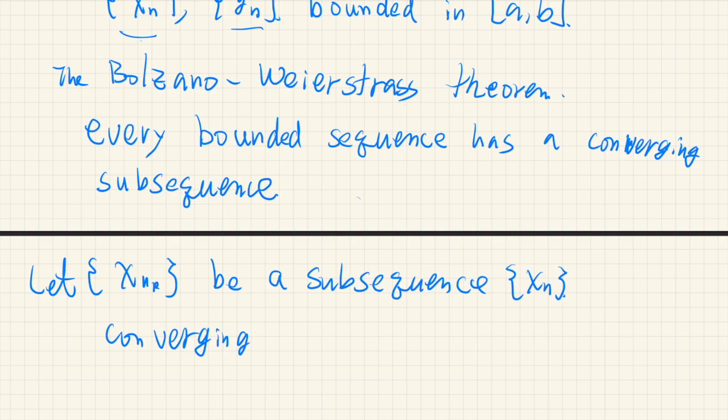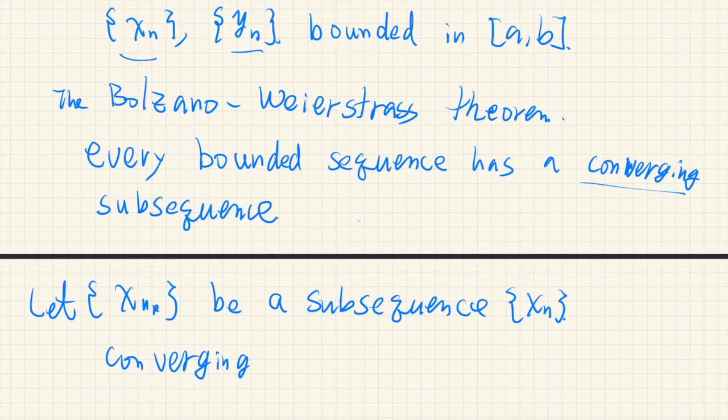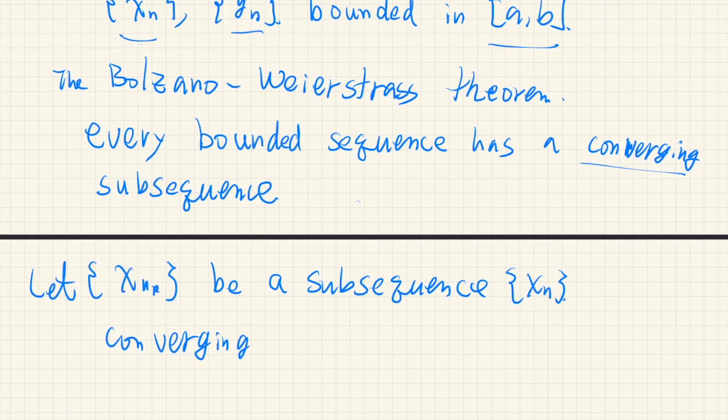By the way, converging values should be, of course, within the same interval. Converging to, let's say, alpha, that is, of course, between A and B. Oops, I should write subsequence of x_n here.